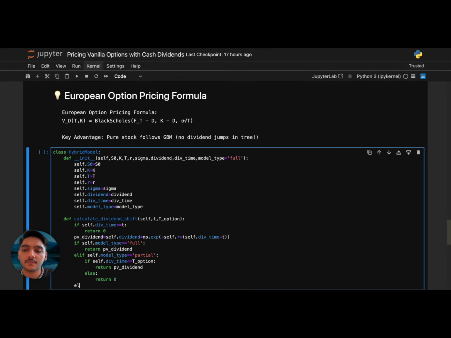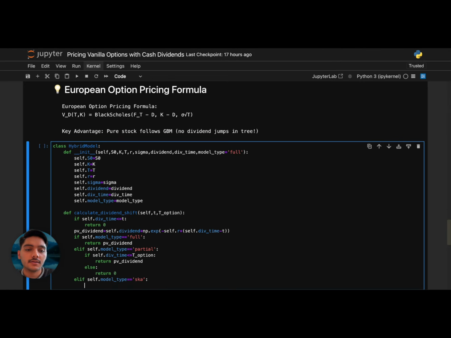Then else if self.model_type is equal to SK, the SK is the spot-strike adjustment blend.